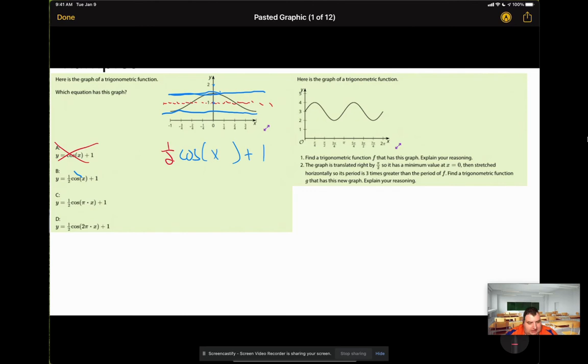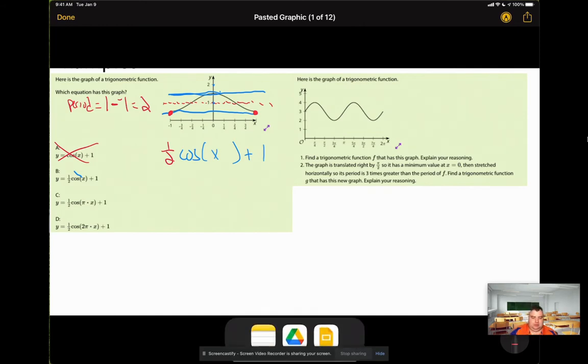So I have a min point at -1, and I have another min point at +1. If I subtract those two, my period is going to be 1 subtract -1, which is 2. So I have a period of 2.